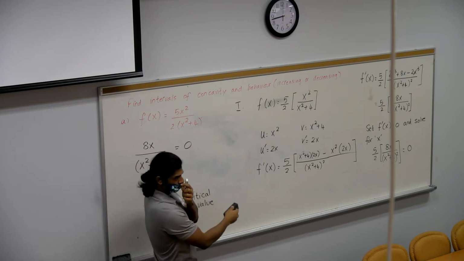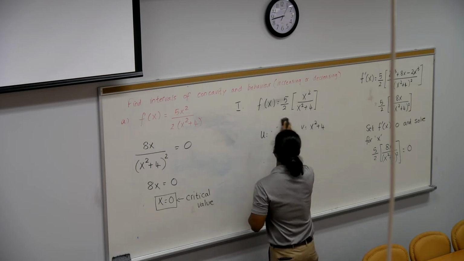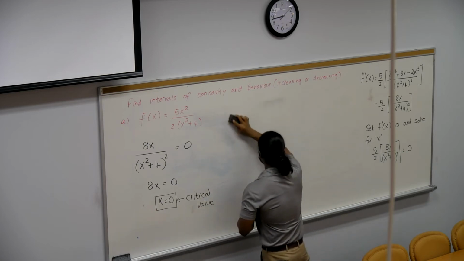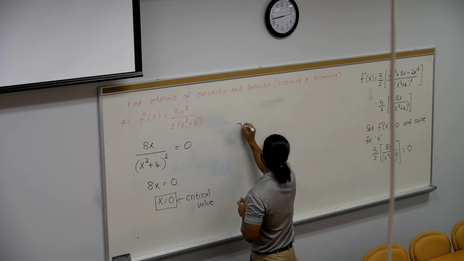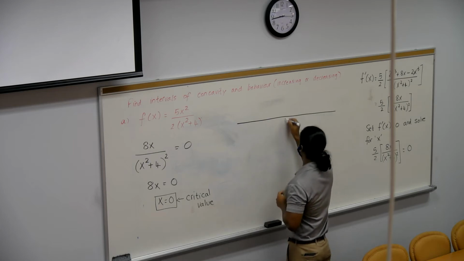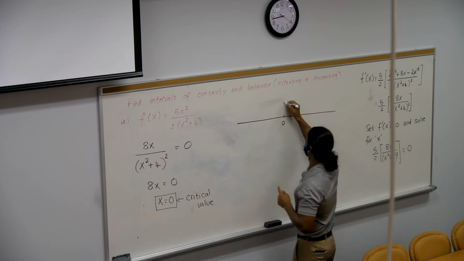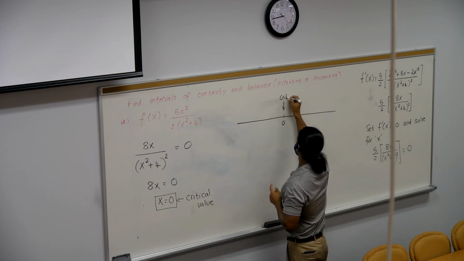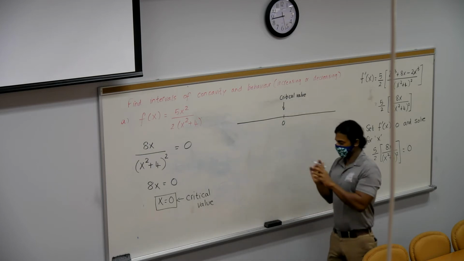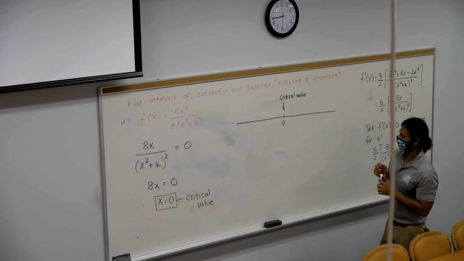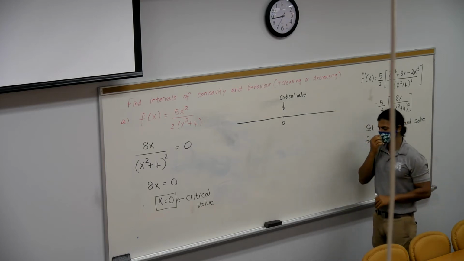Can I erase that? So critical value. And there is no need for us to draw any other lines because we don't have any vertical asymptotes.